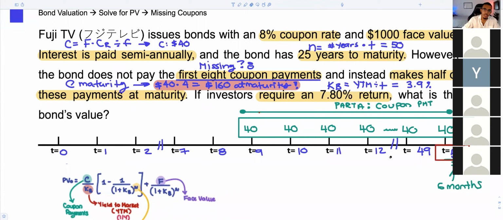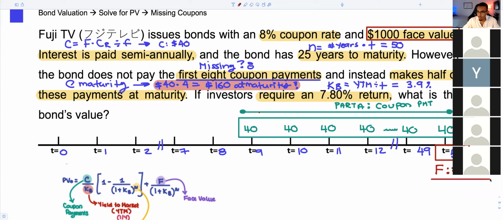Can somebody tell me? It's $1,000 and what? What is our F at T equals 50? We have our face value and our missing payments. So what is our total F? There you go, 100%, exactly. So this would be our total F.